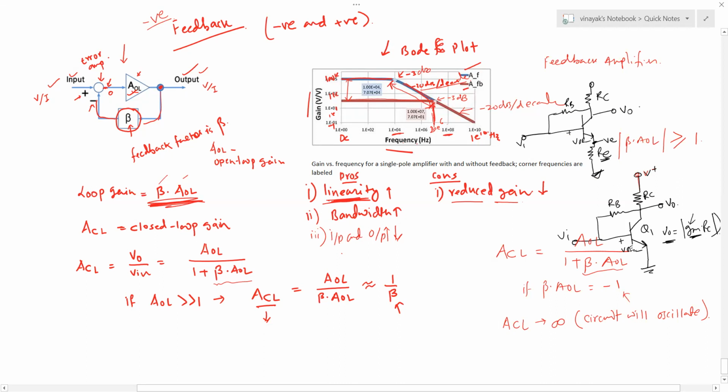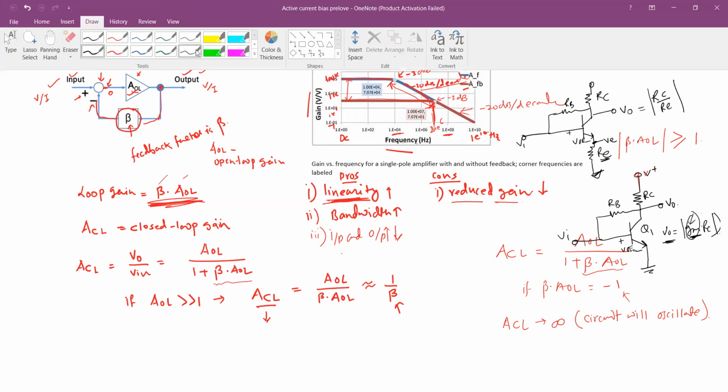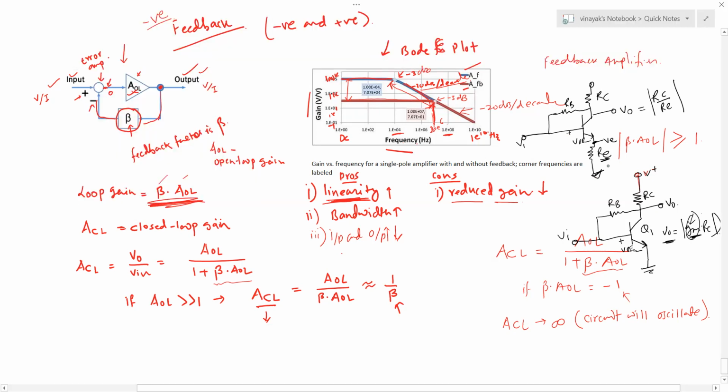So the gain of this circuit is purely set by the ratio of RC over RE, which is independent of the transconductance parameter here. And there is a negative feedback here that we see, because of which we have the bias stability in the circuit, and how that can be achieved.